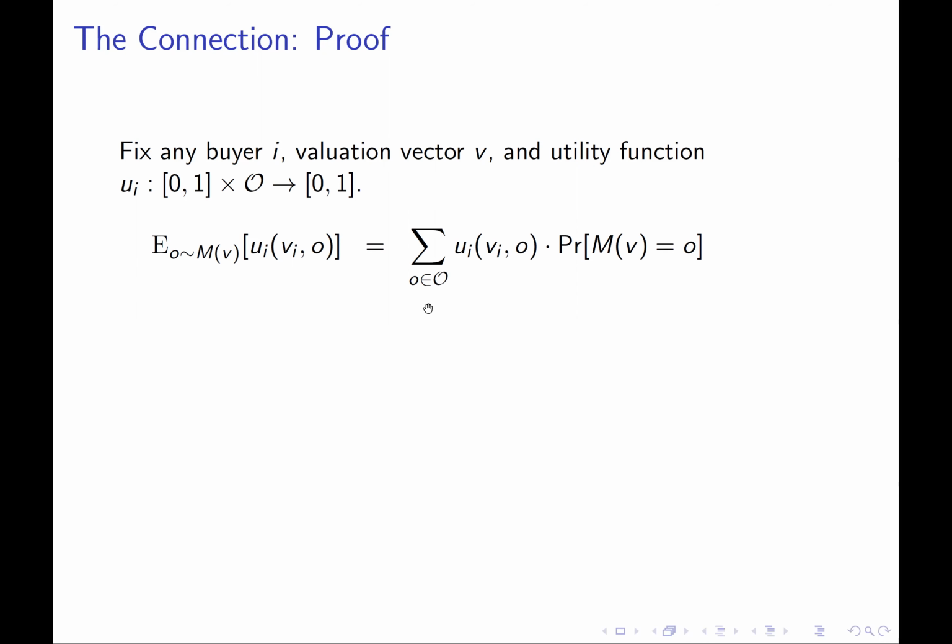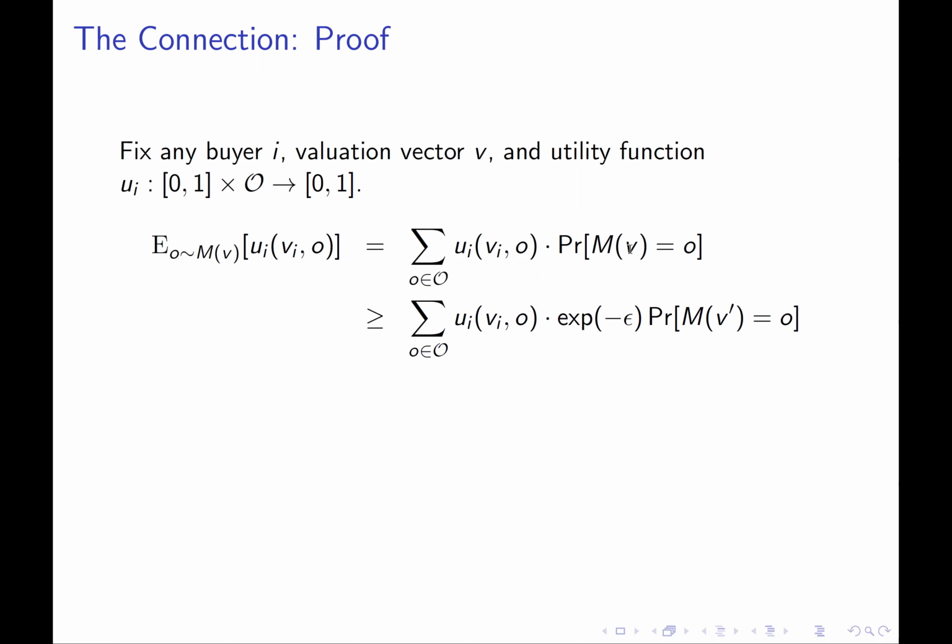So first, let's just write down what is his expected utility if he tells the truth. This is just his expectation over the randomness of the outcome chosen by the mechanism when the mechanism is run with his true bid. And we can just expand out the definition of an expectation. This is just the sum over all of the possible outcomes the mechanism might choose of the utility that the buyer will get if that outcome is chosen, times the probability that that outcome is chosen, of course, given that he tells the truth.